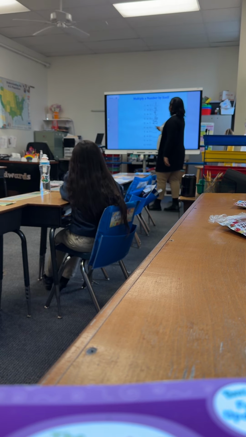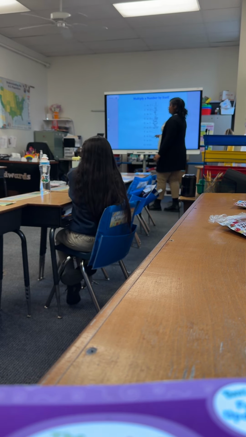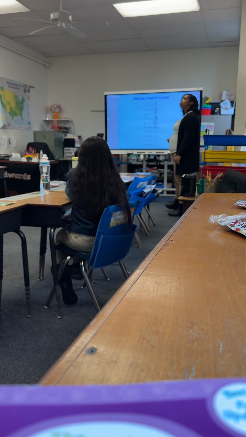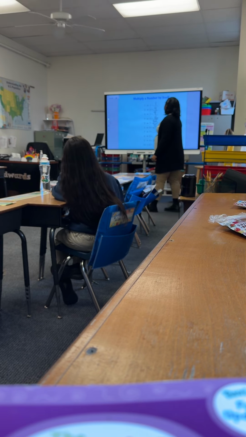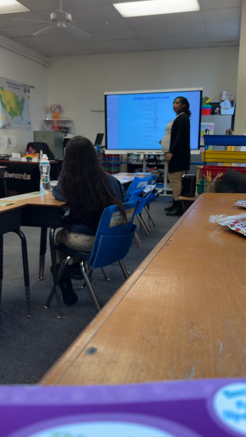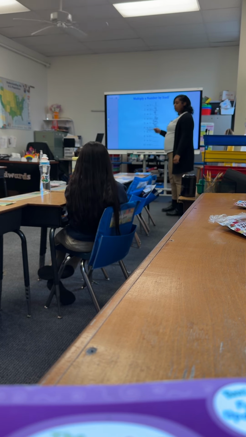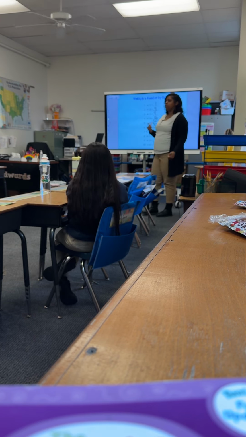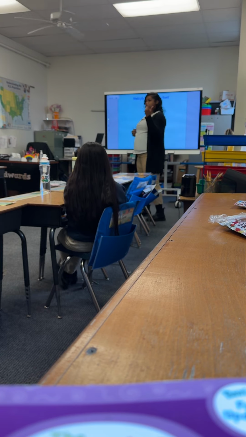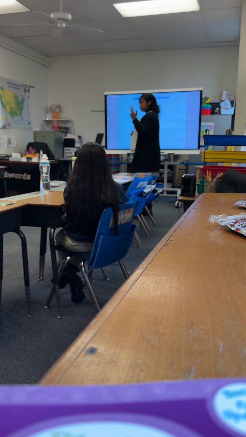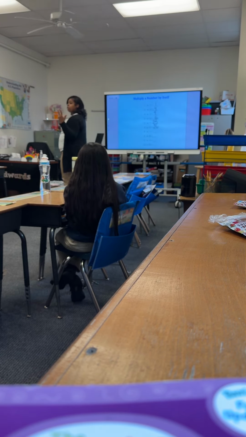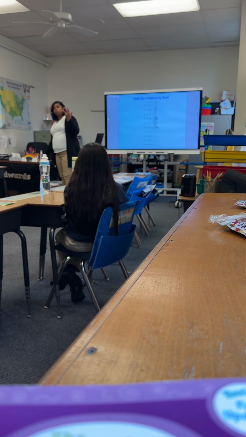Royal? 36. 7 multiplied by itself. This one's always weird because it's not an even number. 7 times 7. Alright, let's count together. 7, what's 7 more? 14. What's 7 more? 21. What's 7 more? 28.